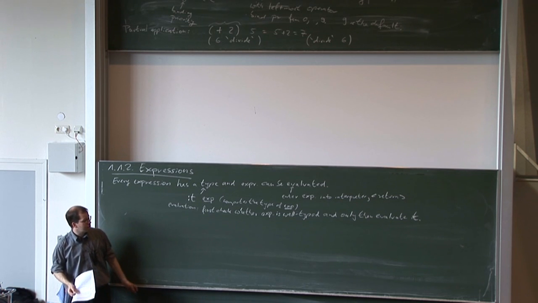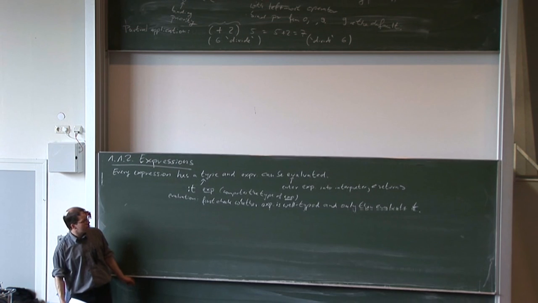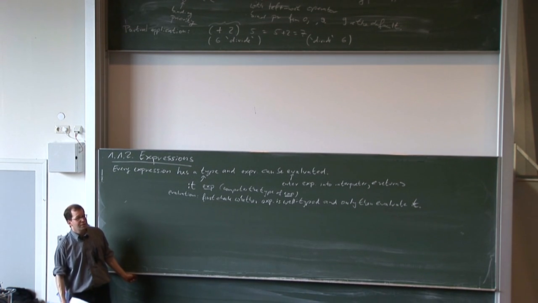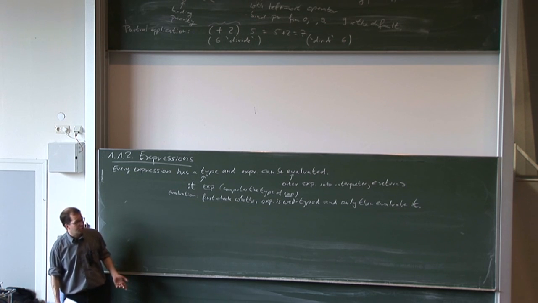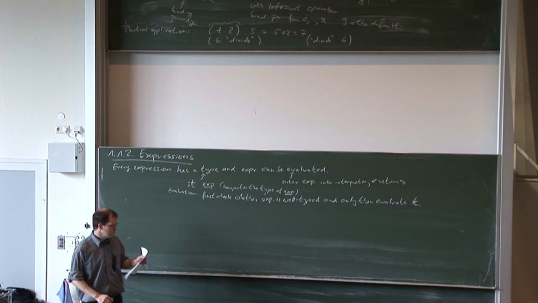Java does this, for example, as well. Pascal would do this, and Haskell does this too. Similarly for programs, if you load a program, first your program will be type checked, and if it's not type correct, then Haskell will refuse to load this program.